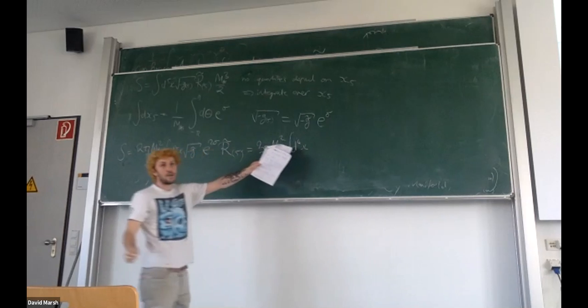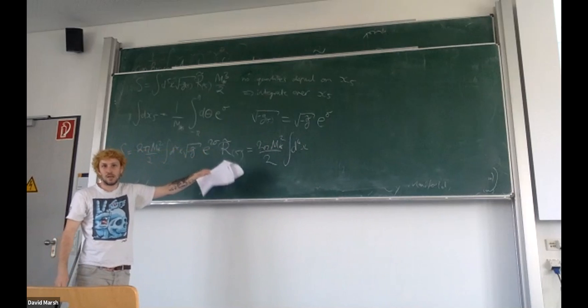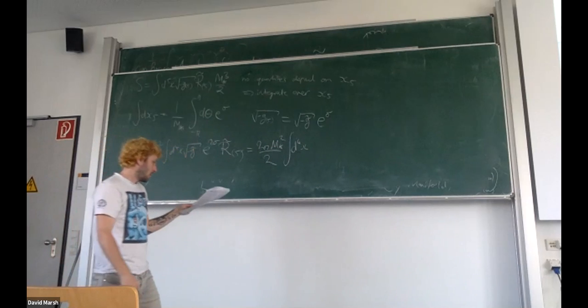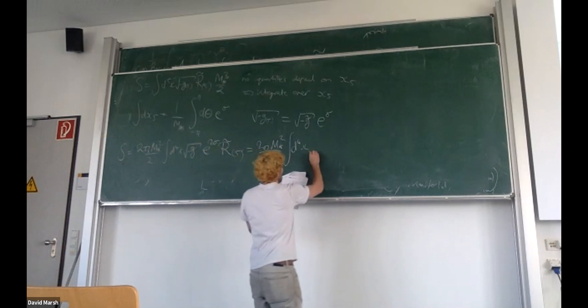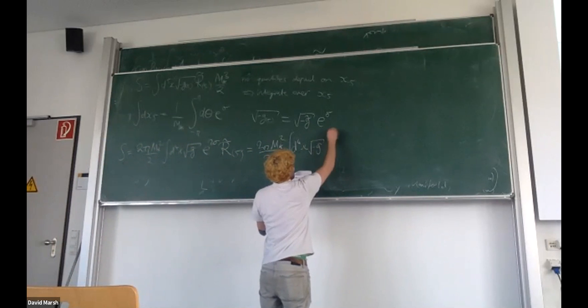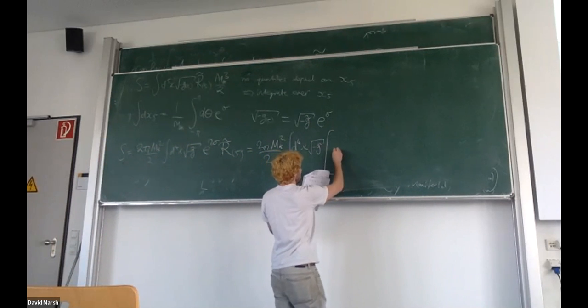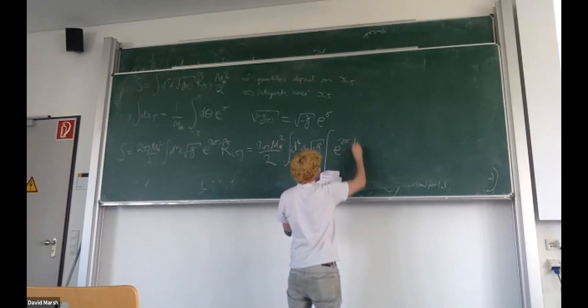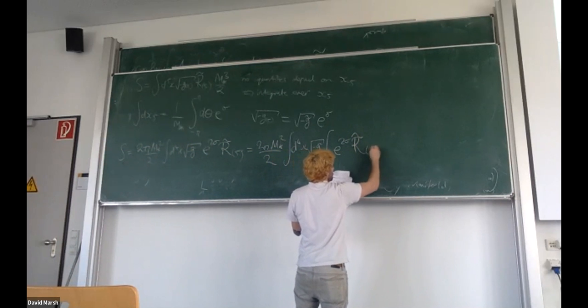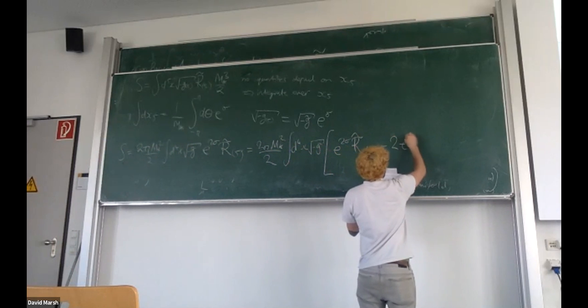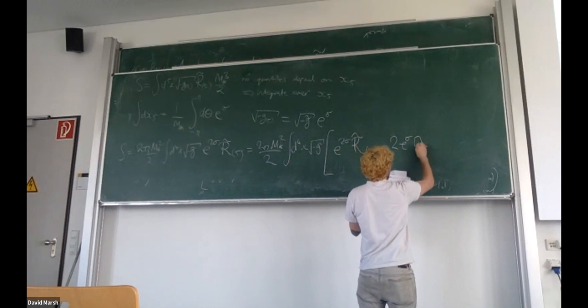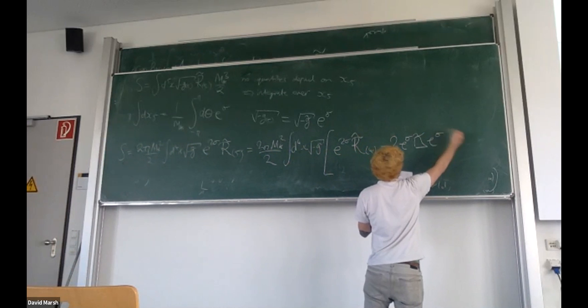This is what people mean when they say dimensional reduction, by the way. They just mean integrate over x5. Okay, nothing mysterious. Square root minus g, e to the 2 sigma, R4 minus 2 e to the sigma box twiddle e to the sigma.